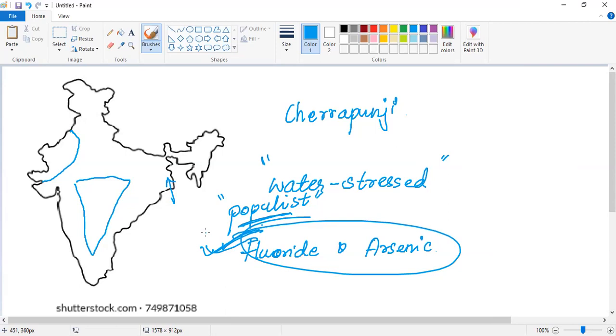Water resource management in the form of rainwater harvesting and traditional water management practices.